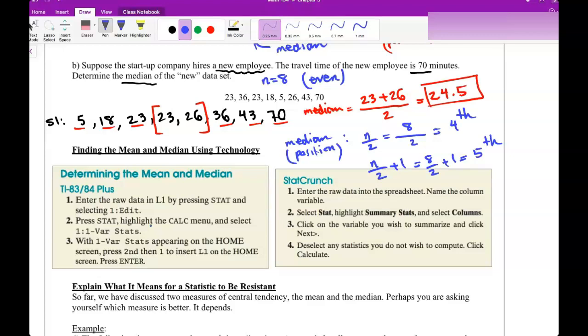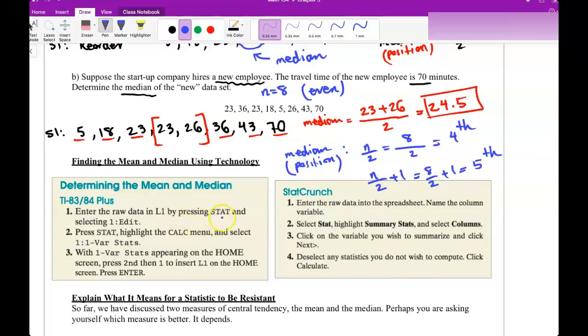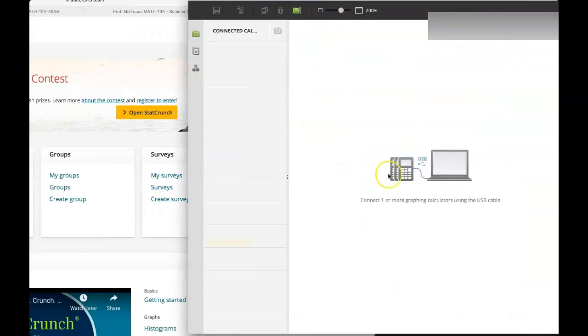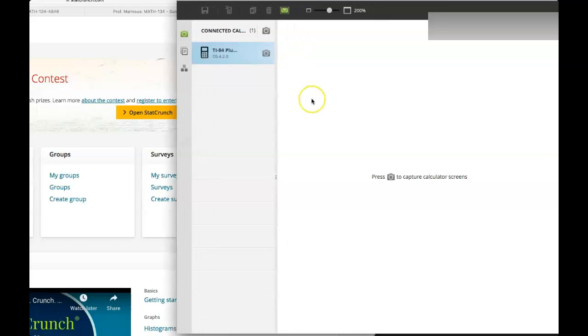We want to enter our data in L1 by pressing stat. So the first step is to use your TI-84 and press stat.